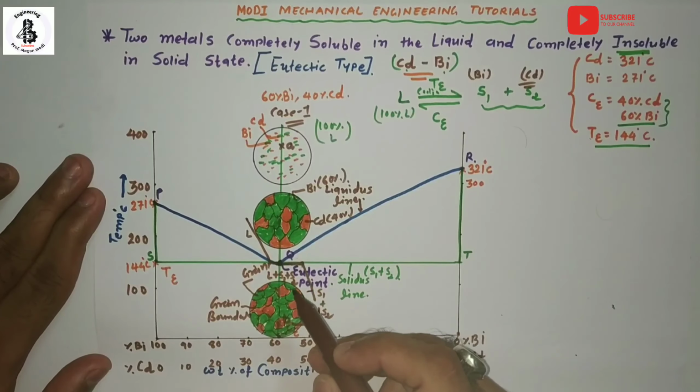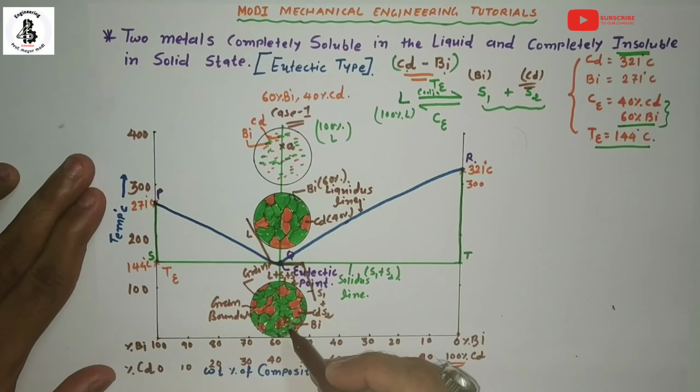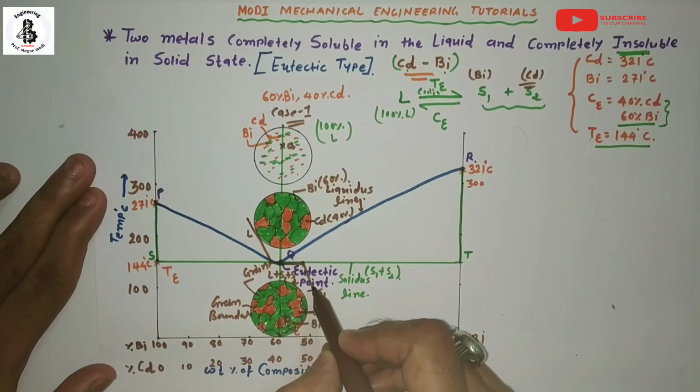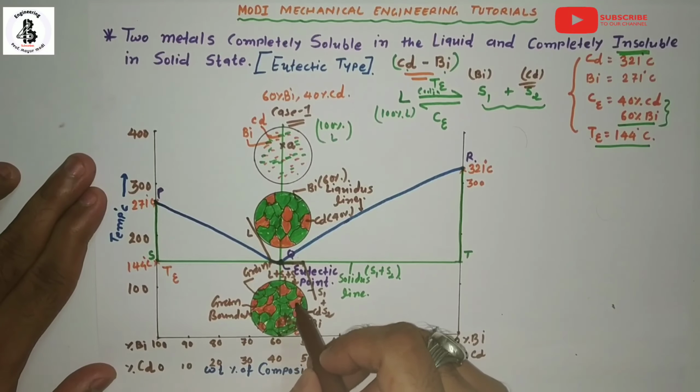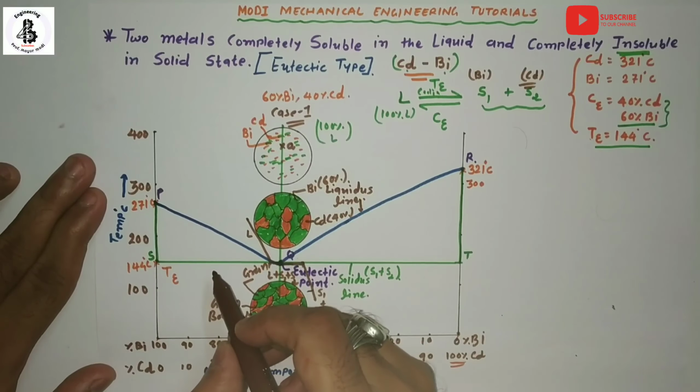So in the eutectic phase transformation from 100% liquid to room temperature, the important part is at point Q, or you can say at the eutectic point. What happens at the eutectic temperature?